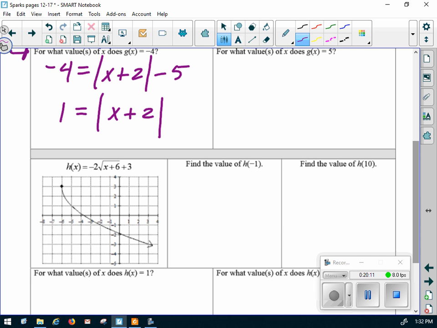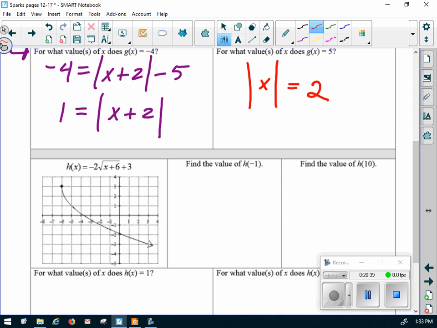An absolute value almost always will have two answers. Let me show you what I'm talking about. I give you this. What is that asking you to find? What numbers, when made positive? What does it mean? So what does absolute value mean?